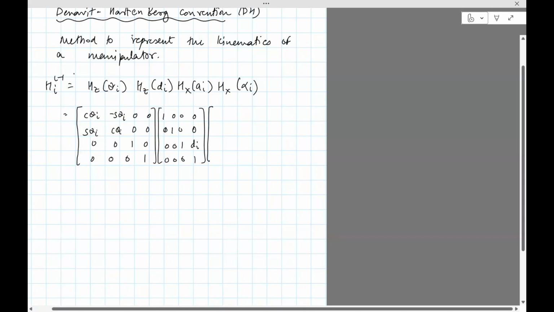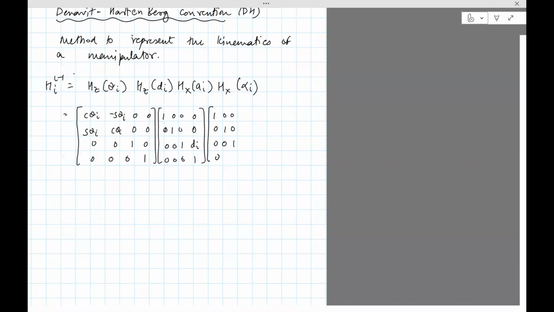Translation about the x. So 1, 0, 0, 0, 1, 0, 0, 0, 1, 0. And then we have ai, 0, 0, 1.